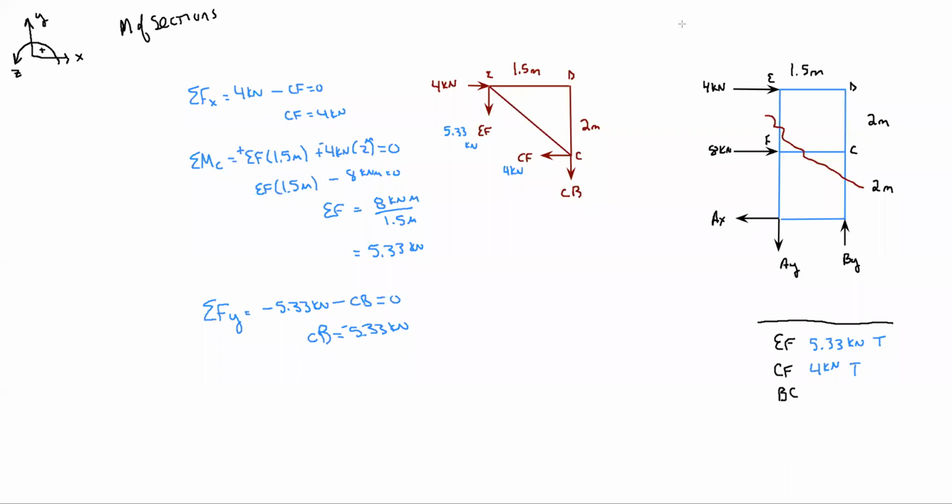The negative indicates that I had the wrong direction, as has been our practice. I'll put the right direction right over here, and then go down and fill in my answer. And we said 5.33 kilonewtons. The correct direction has the arrow going into the pin, which would be a reaction to the member being in compression.